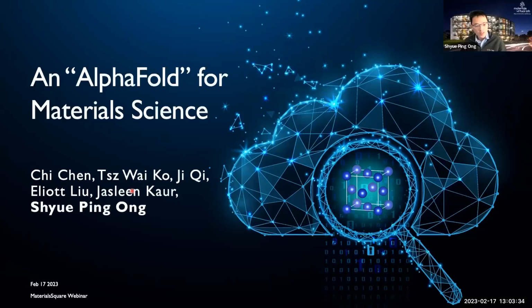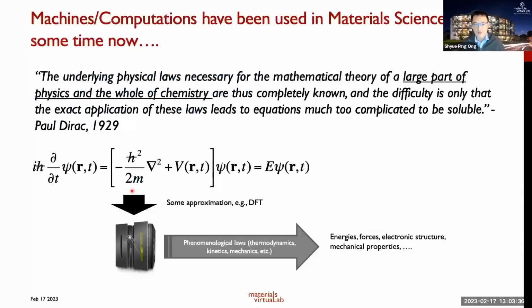Now, since you are at this webinar, I'm pretty sure that a lot of you are familiar with computational material science. Of course, machines and computations have been used in material science for quite some time now, right? Even in 1929, Paul Dirac said that the underlying physical laws for a large part of physics and the whole of chemistry are completely known.